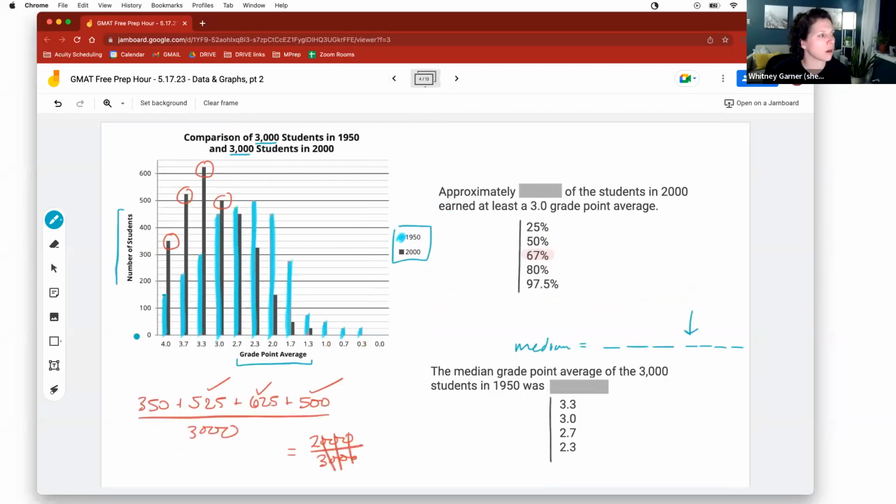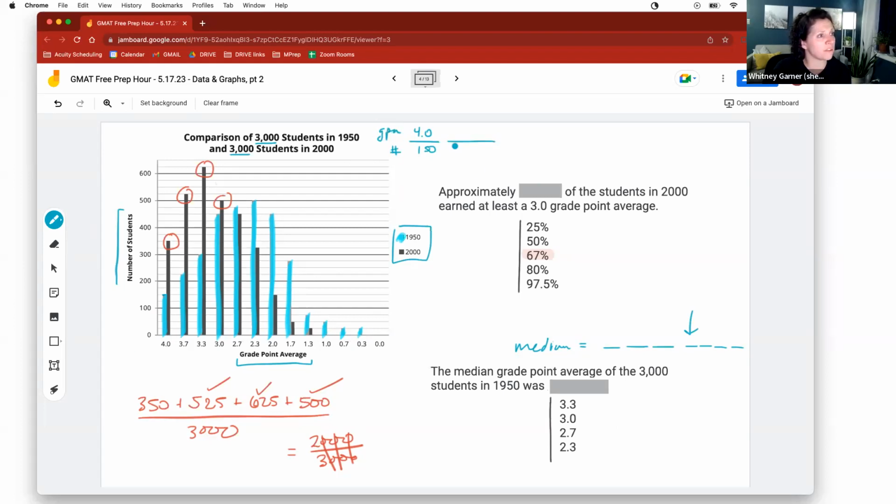So let's go back to our little chart. I've got 300 4.0s. Sorry, I can do math. I'm going to have 150 people with a 4.0. And then I'm going to have another 225 people. This is the number, this is the GPA.